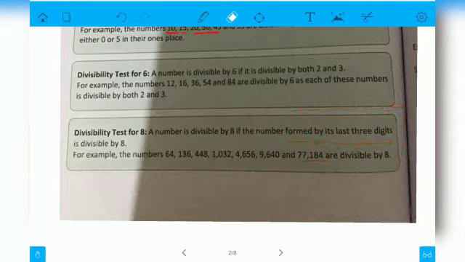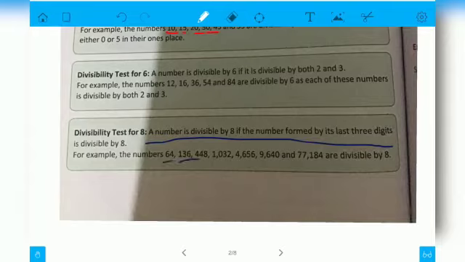We have to notice whether the number formed by the last 3 digits is divisible by 8 or not. So here's the property: a number is divisible by 8 if the number formed by its last 3 digits is divisible by 8.